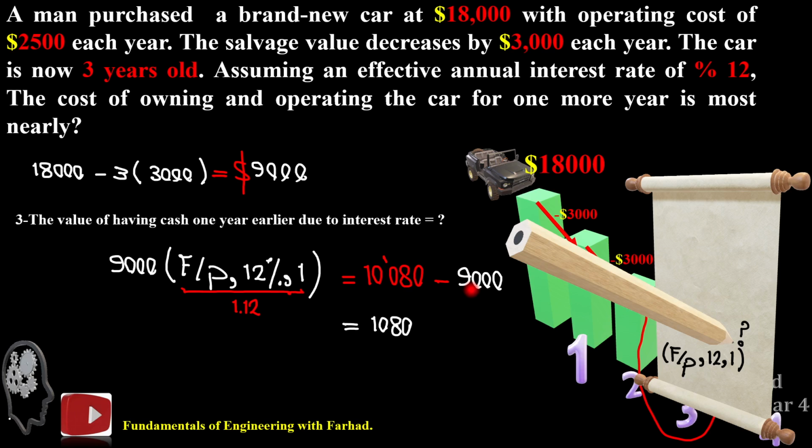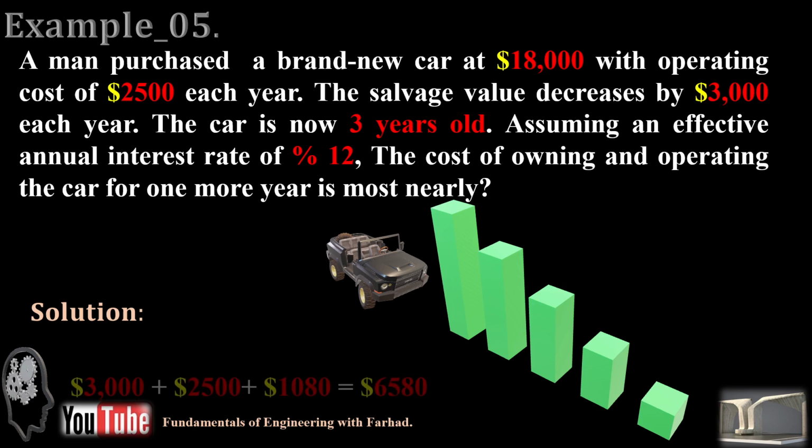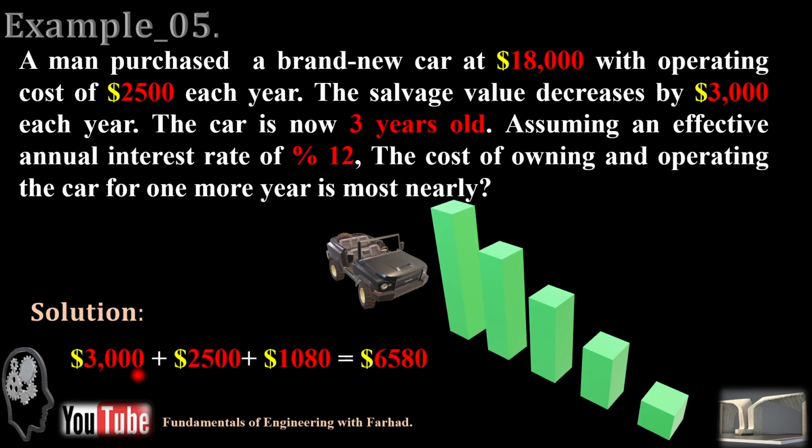The difference between the 9,000, which is the salvage value at year three, and the 10,080 bucks, which is the effect of interest due to one more year, is 1,080. If we add this 1,080 to the first two parts, 3,000 plus 2,500 plus 1,080, it gives us $6,580 in terms of owning and operating the car from year three to year four.